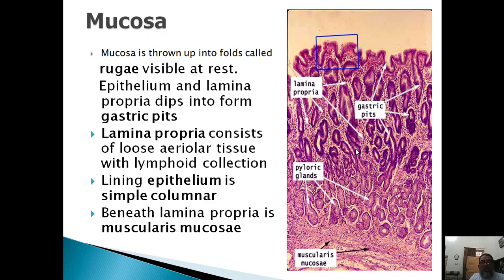These are called gastric glands. The rest of the lamina propria has all the elements containing connective tissue, loose areolar tissue, then blood vessels, and lymphoid tissue is also present. Epithelium is simple columnar. Muscularis mucosae is also visible in this diagram. In this H&E stain, this is the muscularis mucosae layer.